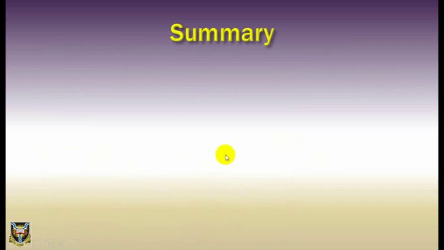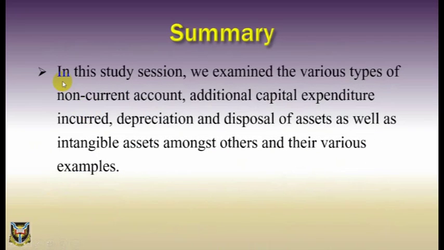Summary. The account current consists of the entries to record acquisition, capital expenditure incurred, depreciation and disposal of assets. Capital expenditures are recorded as part of the asset, while revenue expenditures are recorded in expense accounts. Intangible assets are long-term assets that lack physical substance and include patents, research and development costs, franchises, trademarks, and costs.